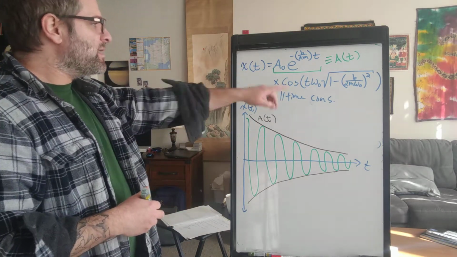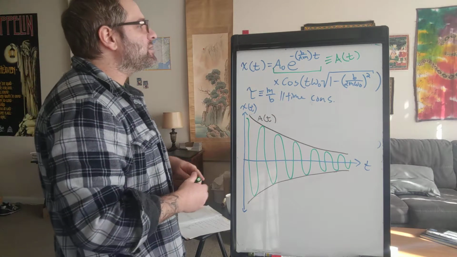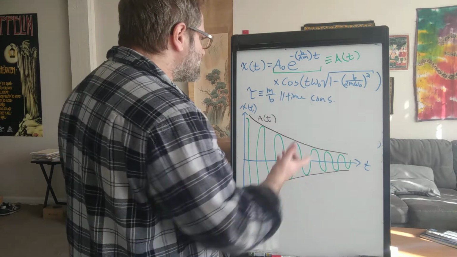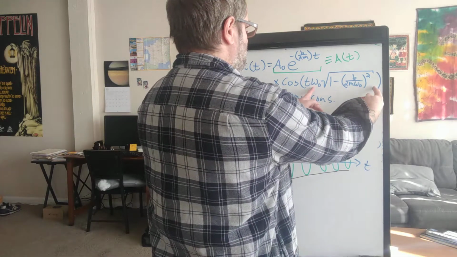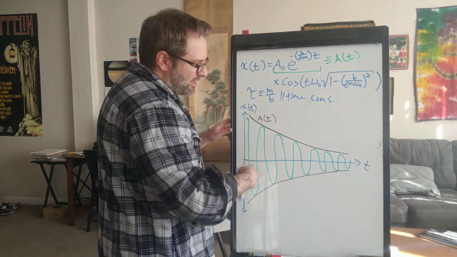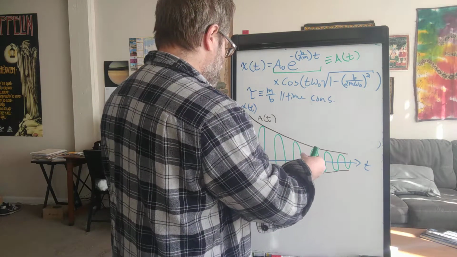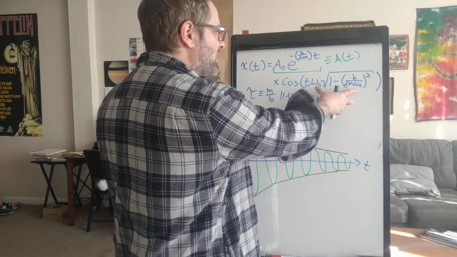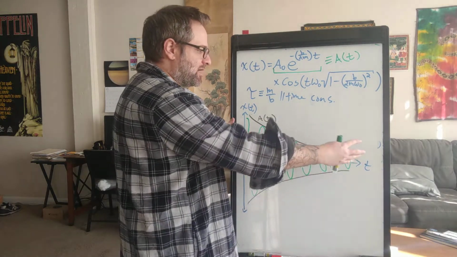So if we want to look at the frequency of this equation, we notice that the frequency doesn't change. I still have a constant frequency, right? I have time times some larger constant. These are all constants, so this is still a regular oscillation. The amplitude doesn't make the distance between the peaks or troughs change as we go along in time. It changes how often they come, but it doesn't change more as time goes on.